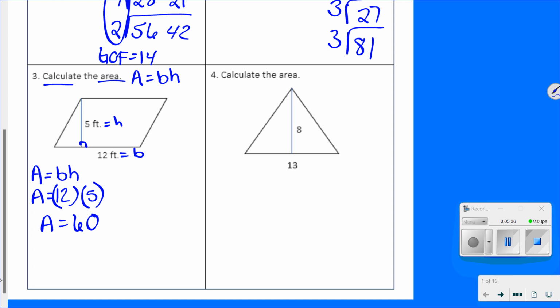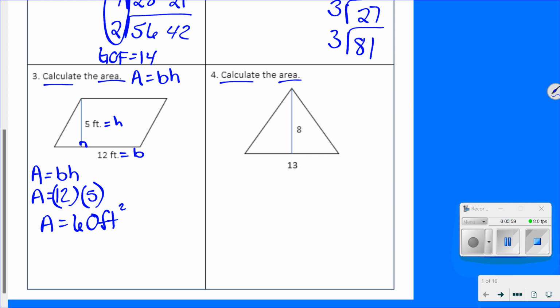Feet squared. You need to have your units of measurement. Question? Well, it's interchangeable, yes. That's all I think about parallelograms. Perfect. All right, number 4, we're going to calculate the area. What shape is this? Triangle.